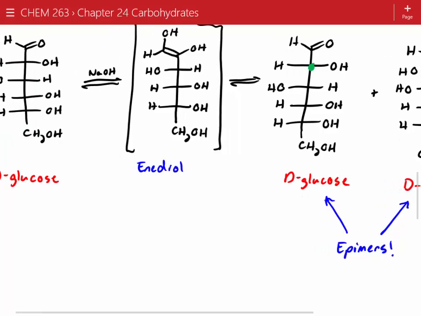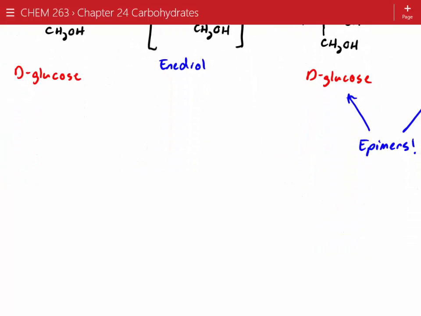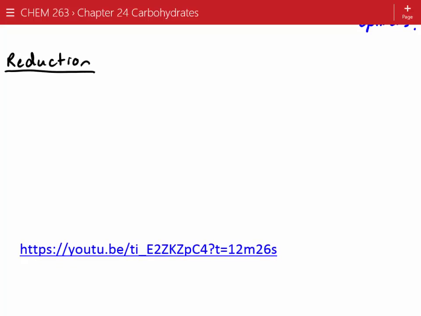All right, so now let's look at reduction. And do we need the open chain or closed chain form for glucose in order to do reduction? What do you guys think? So we can reduce aldehydes. Can we reduce hemiacetals very easily?